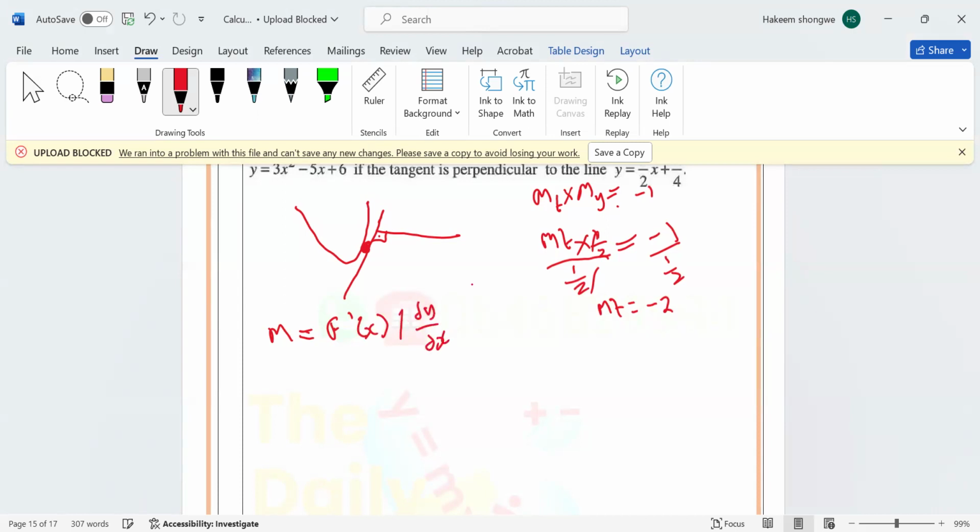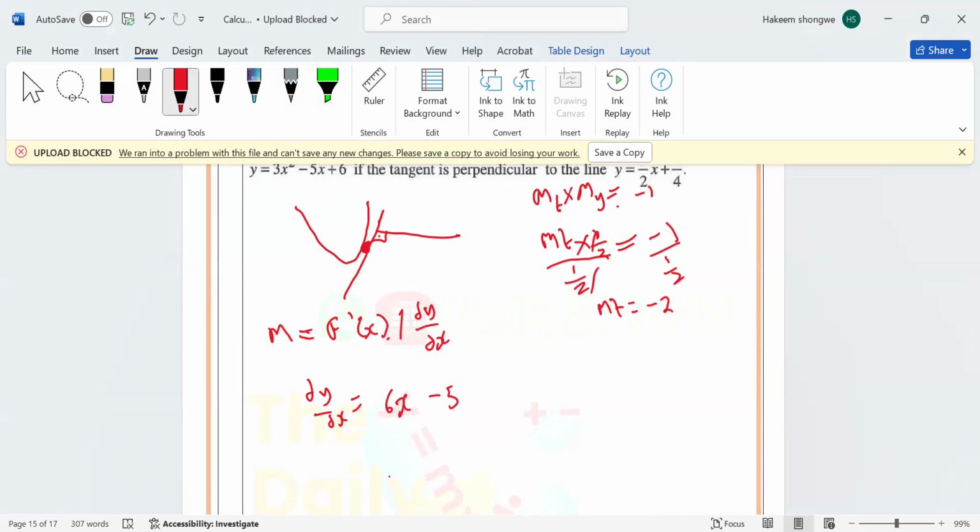So when I get dy over dx, or f prime of x, dy over dx is going to be equal to 3x squared, which becomes 6x, then -5x becomes -5, then 6 becomes 0. As I said, m is equal to f prime of x, or dy over dx.